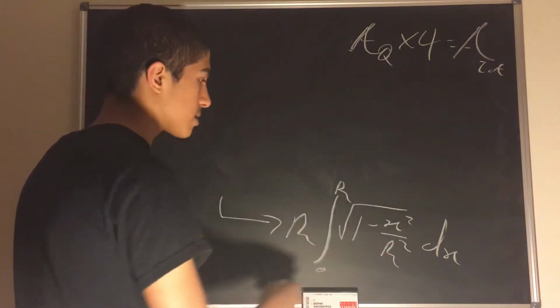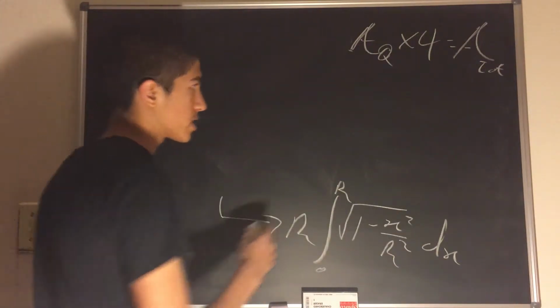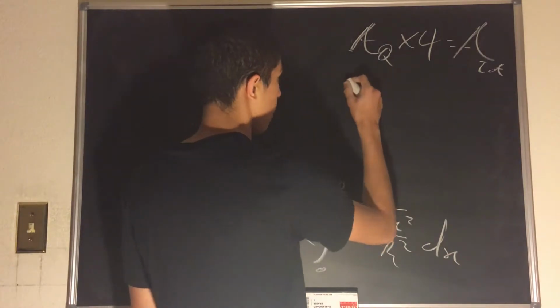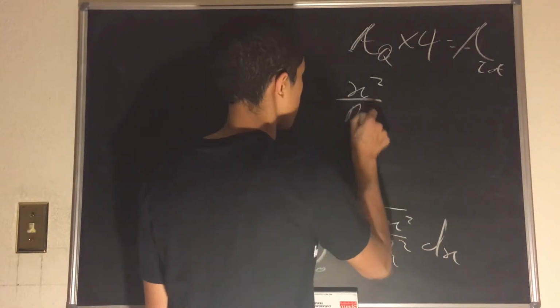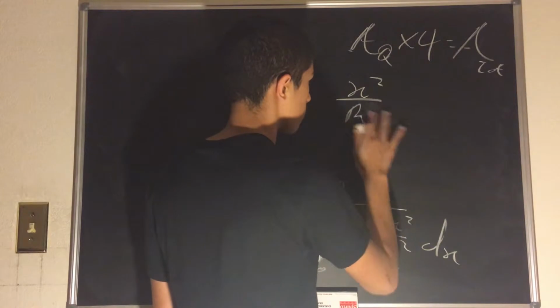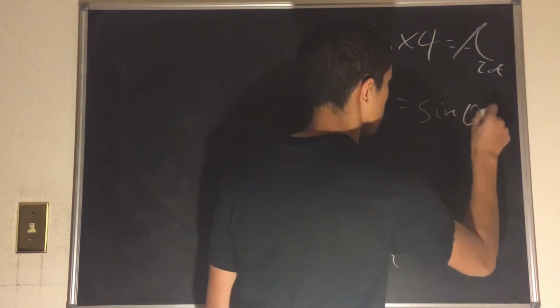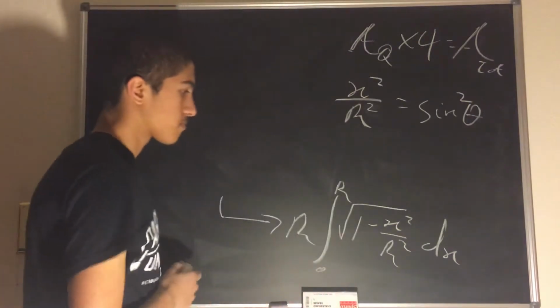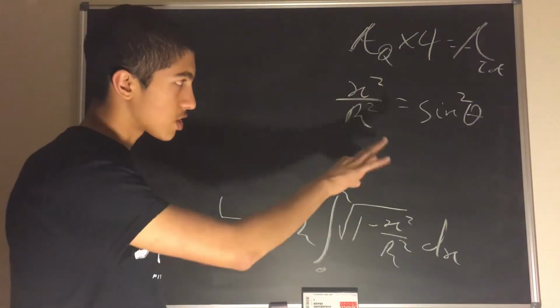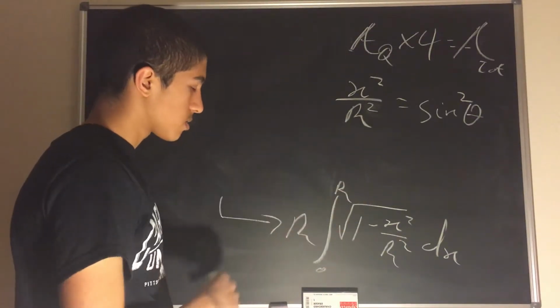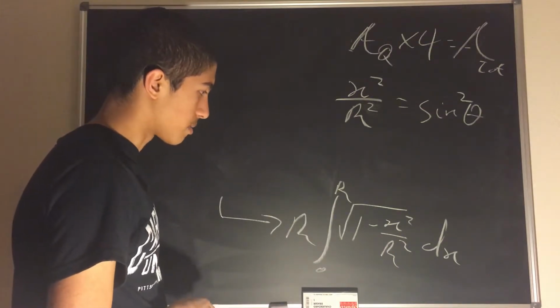So let's actually make that substitution, because that's a very good step. So we have x squared divided by r squared is equal to sine squared theta. And what is theta? Theta is just a new variable, and we'll go back to what it means later.